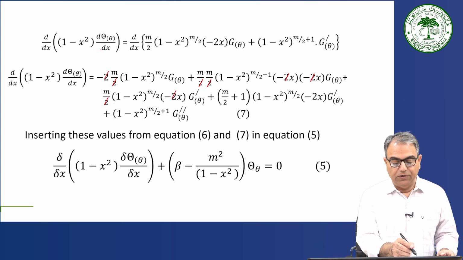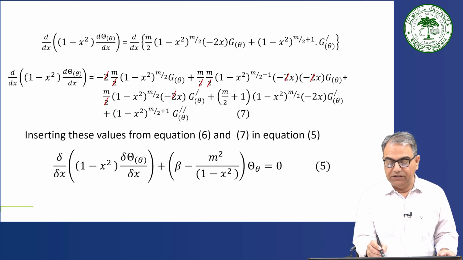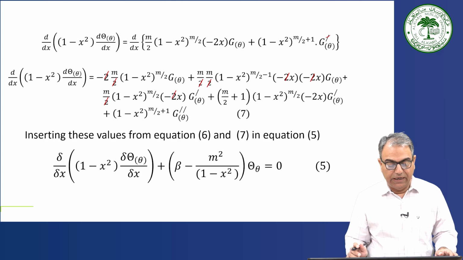So d dx of this function, minus 2x g theta 1 minus x square to the power m by 2, plus 1 minus x square to the power m by 2 plus 1 into g prime theta. So take the differential of this one and you get this function.